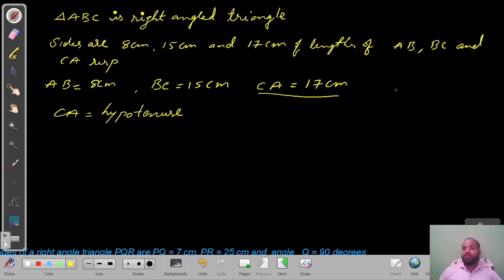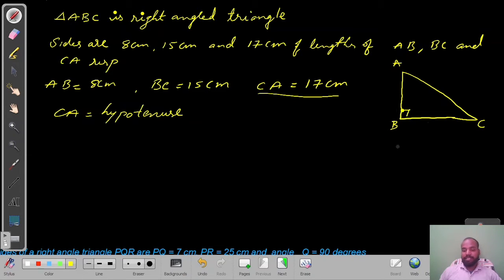Next, we have to draw one right angle triangle here. Now we have to name the vertices A, B, and C. B is a right angle.